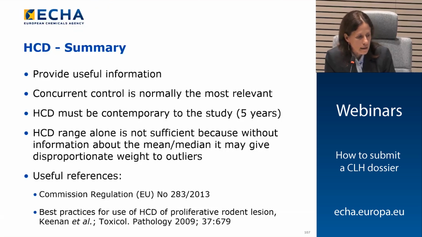And last, I included this publication from Kenan et al., Best Practice for Use of Historical Control Data of Proliferative Rodent Lesions, because there are many out there, but this one was written by both industry and academia, and therefore it probably has a wider approval than any other publication.